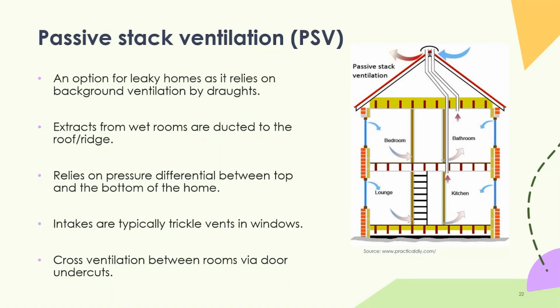So this is using those pressure differences to extract air from moister areas like bathrooms and kitchens, and then that extraction will draw in fresh air through the trickle vents around windows. And you can see from the illustration there, that fresh air will migrate through the house through door undercuts typically.